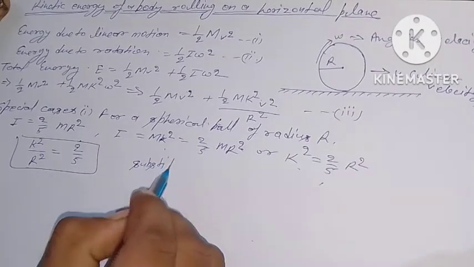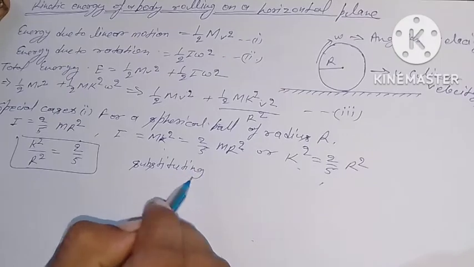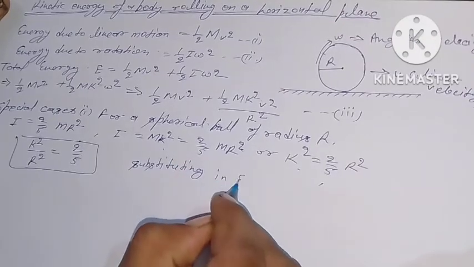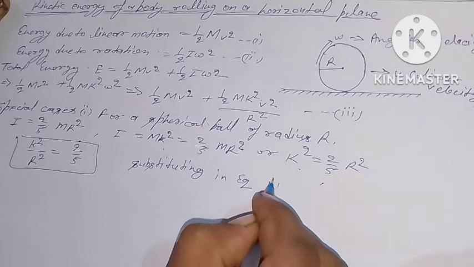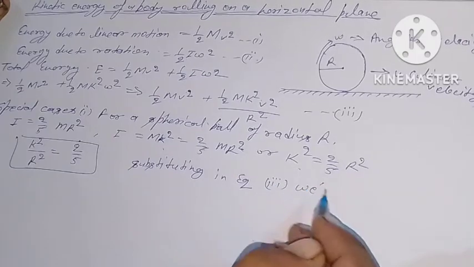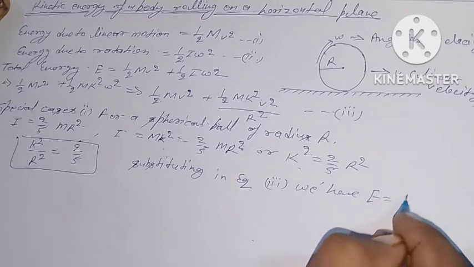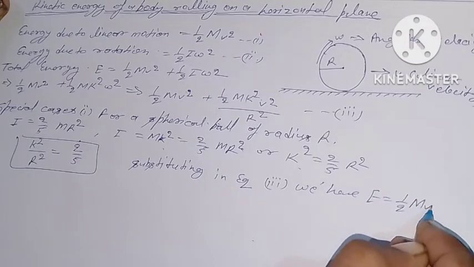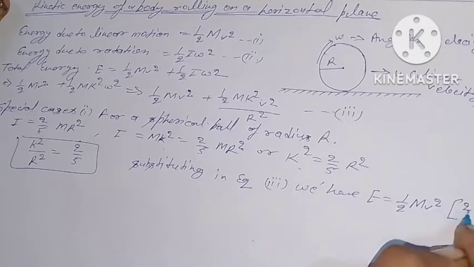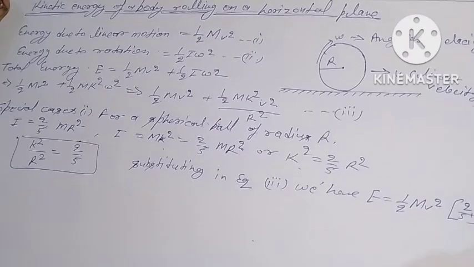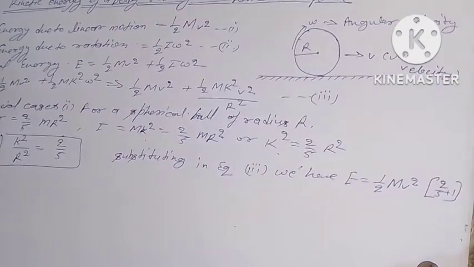Substituting in equation third, we have E equal to 1/2 capital MB square in bracket 2/5 plus 1.